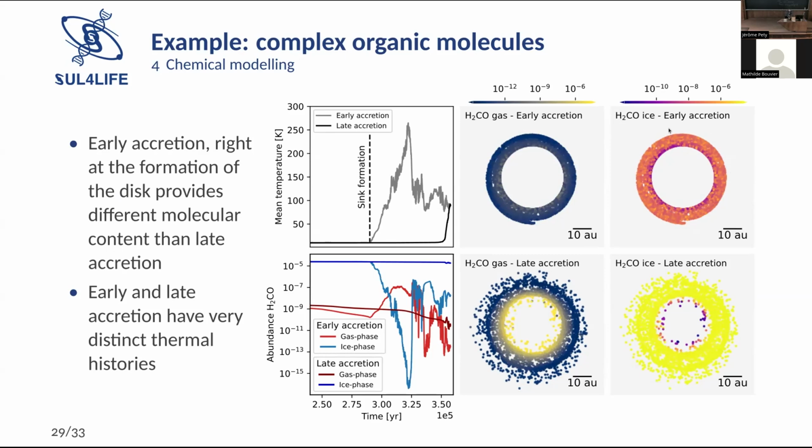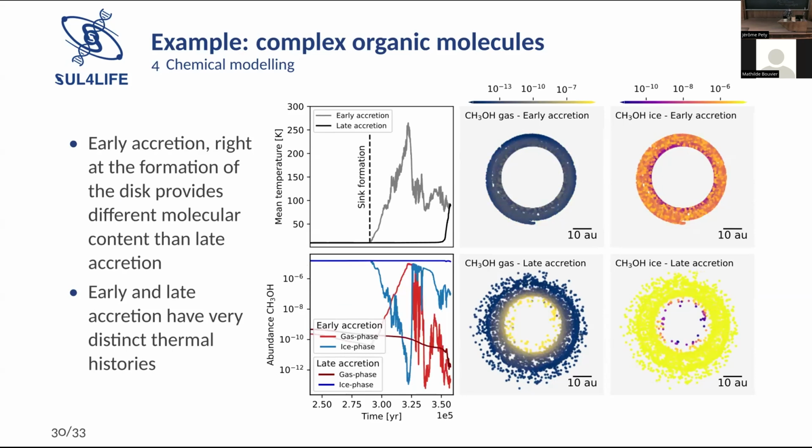Early accretion, that means the gas that is the chemical composition of the disk, is much lower in formaldehyde ice than the late accretion, which provides much higher formaldehyde ice abundances, and the same with methanol. Since these are the building blocks of chemical complexity, I think this is pretty important for the chemical composition of the disk and how we can understand the development of life in a planetary system.